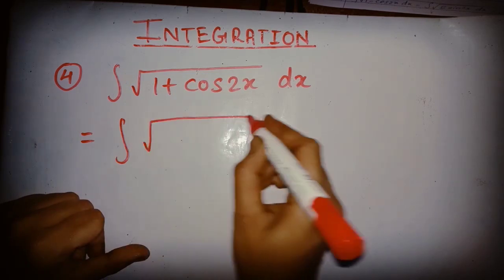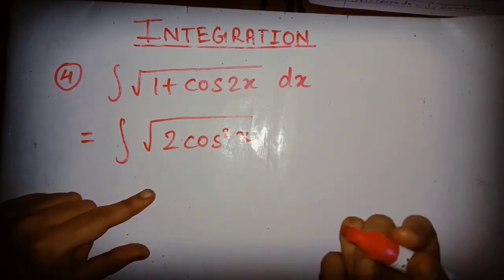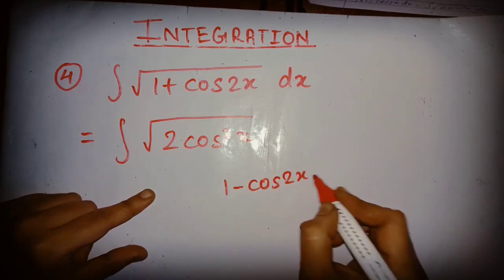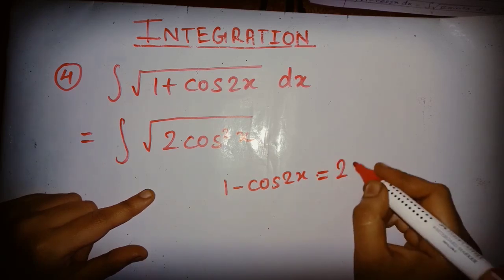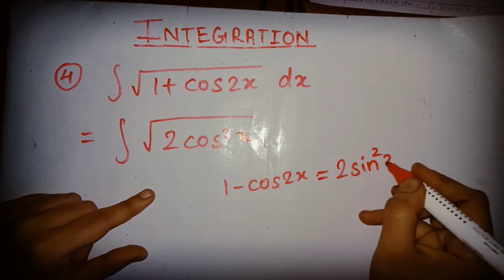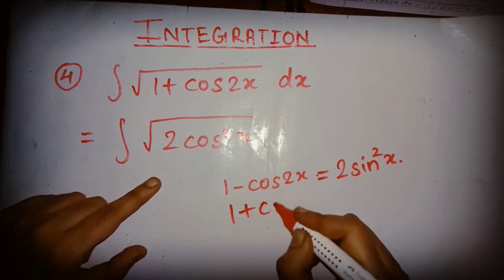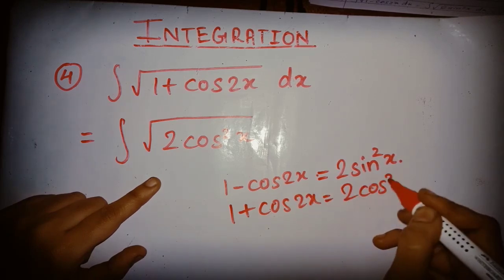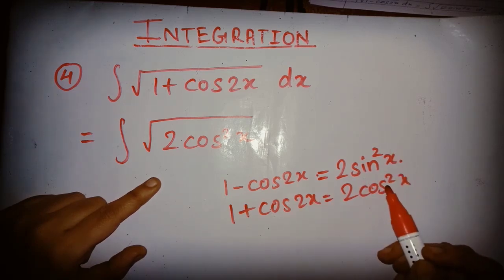We know that it is 2 cos square x. Similarly, if you get 1 minus cos 2x, you can write it as 2 sin square x. So remember, 1 plus cos 2x is 2 cos square x, and 1 minus cos 2x is 2 sin square x.